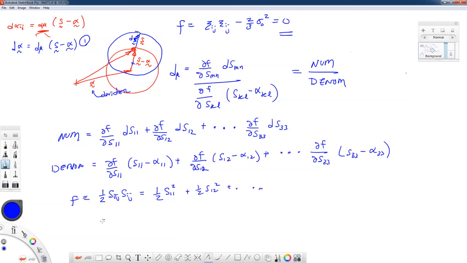If we do that, then the partial derivative of f with respect to, for example, S11 would be equal to S11, and so forth. So in other words, the partial derivative of f with respect to Sij, when we use the function in this form, is going to be equal to Sij.